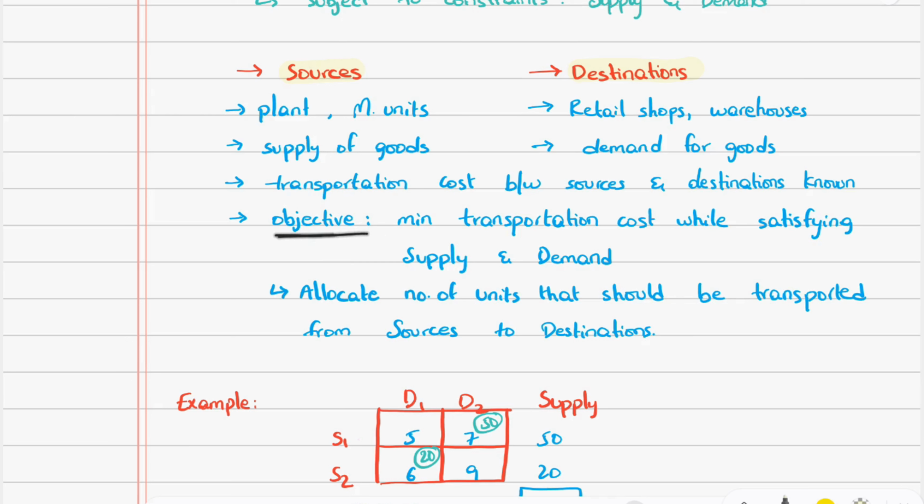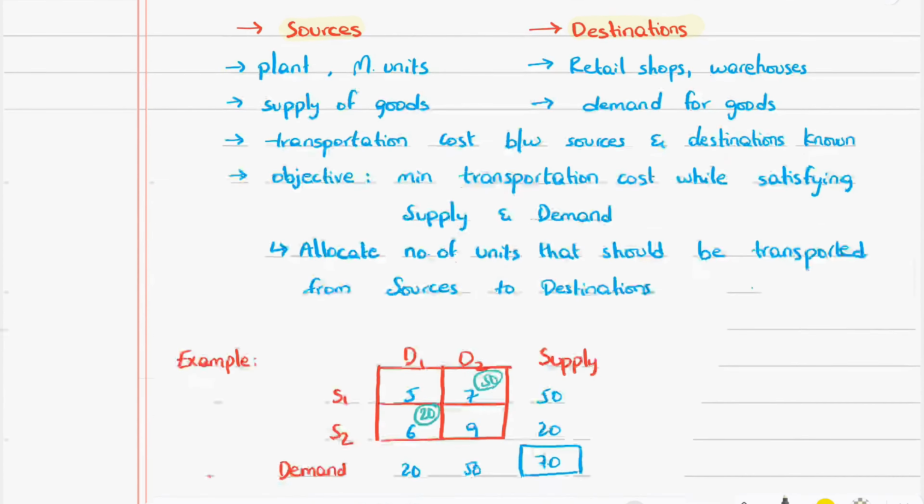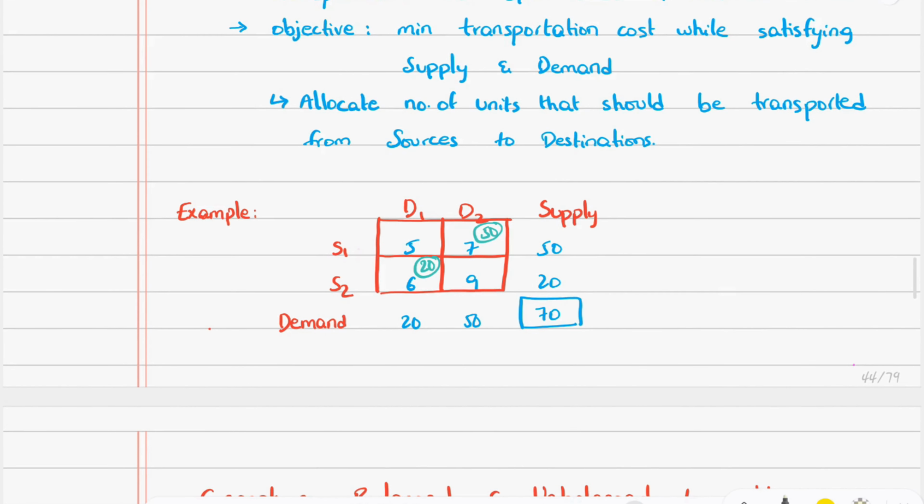Now, if you look at objective, our objective is to minimize the transportation cost while satisfying the supply and demand. Okay, how do we do that? For this, we need to allocate number of units that should be transported from sources to destinations. What was this supposed to mean? Let's understand it with an example.